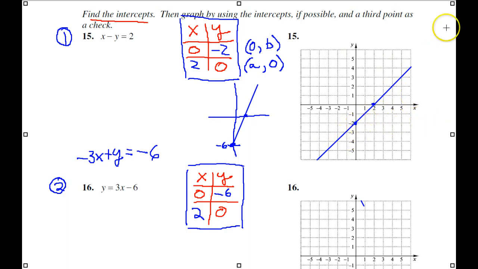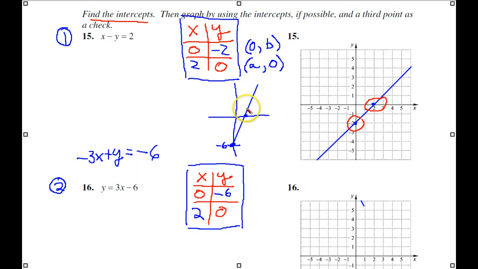Now, right here, that is my y-intercept. It's where the line crosses the y-axis. And here, this is my x-intercept.